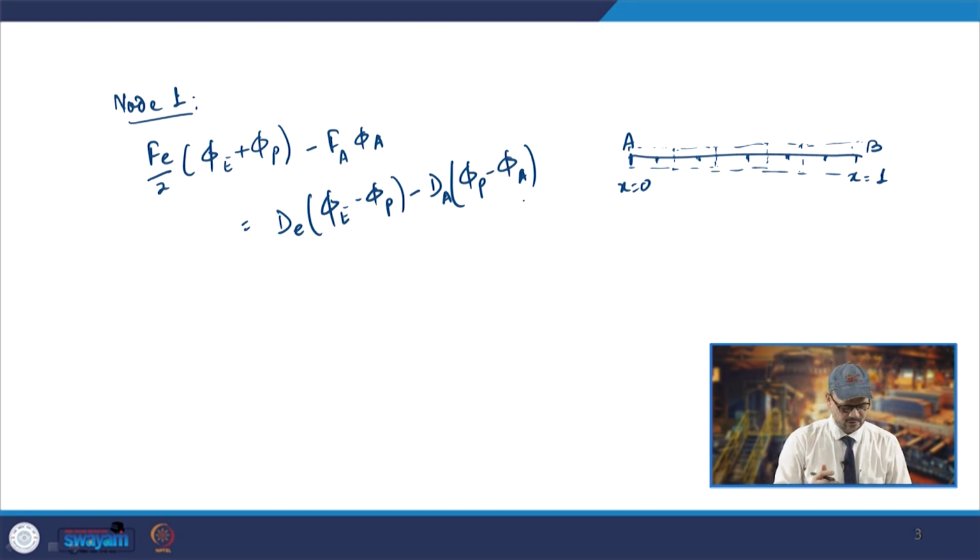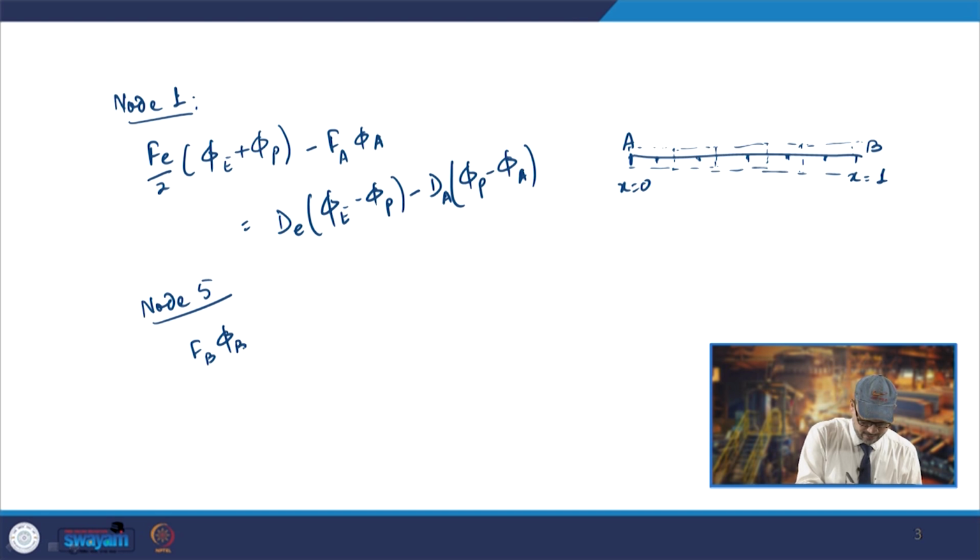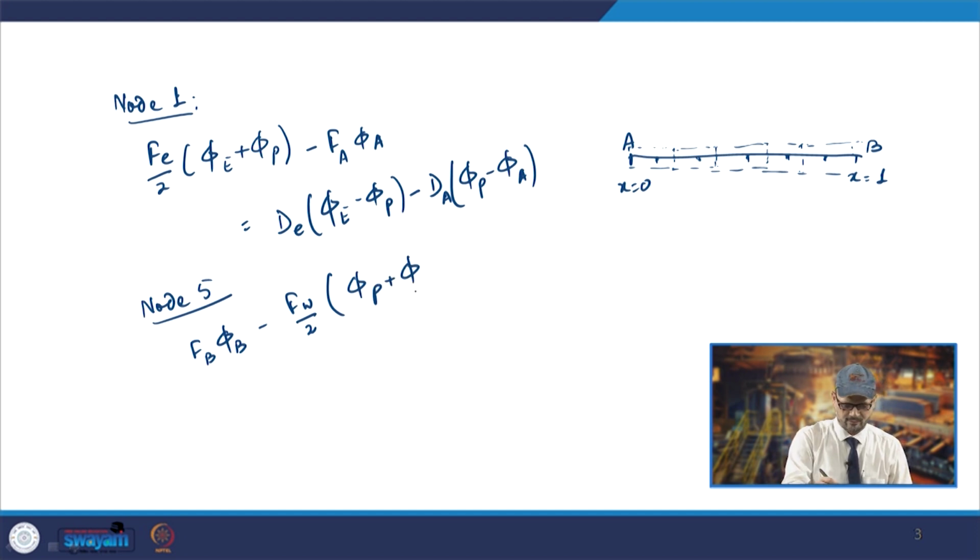So, if you use those values, you will have the expression for this. Now, similarly if you go for the node B, for node 5 you will have Fb phi b minus Fw by 2 into (phi p plus phi w).